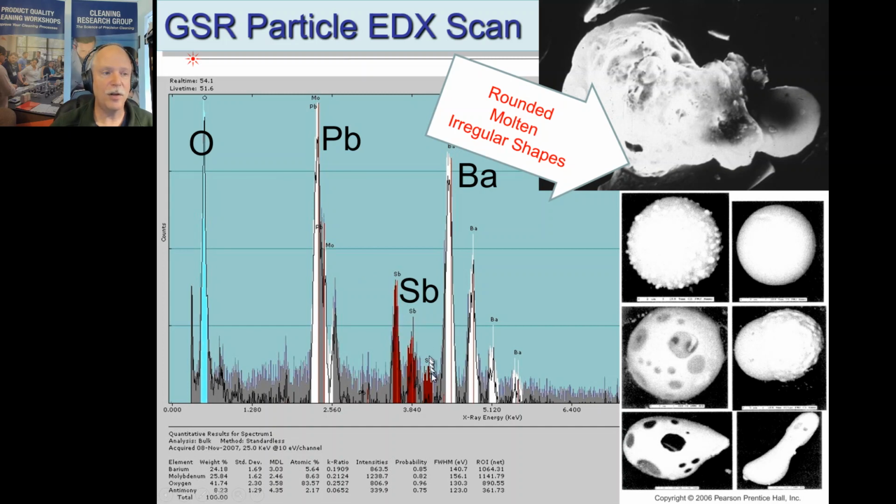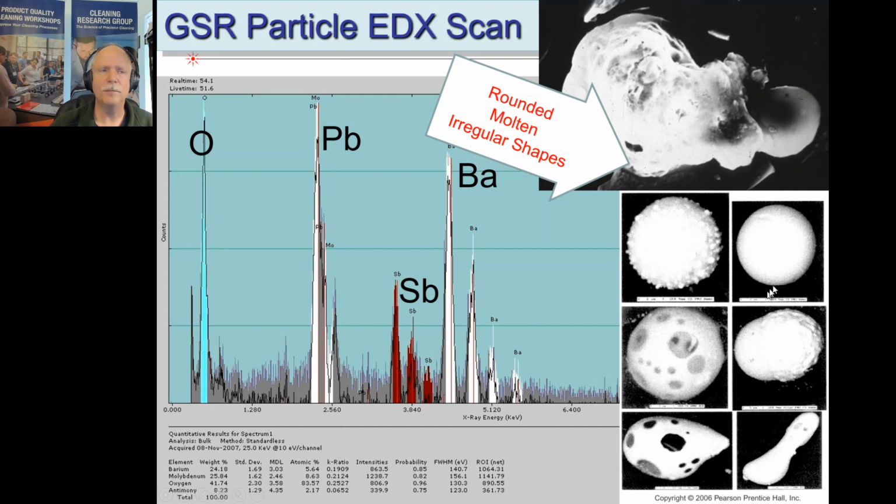So here are the 3 peaks for antimony, and then here's barium. So we have the 3 or 4 peaks related to barium. So this would be a confirmation that this is a gunshot residue particle because it contains all 3: lead, antimony, and barium.